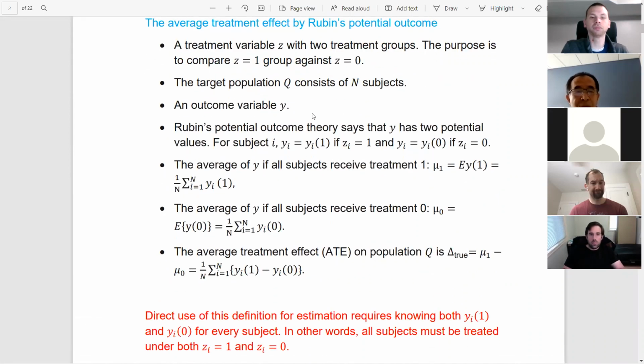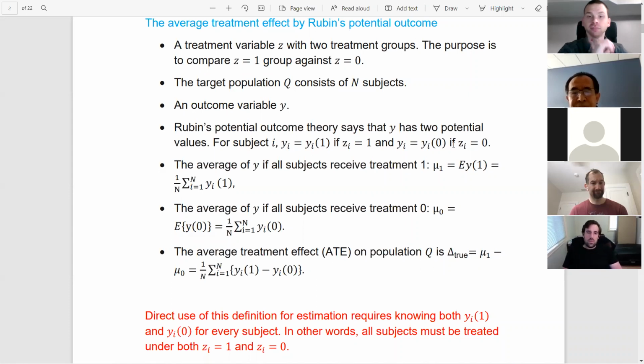We are going to assume the target population Q has N subjects, and the outcome variable is called Y. Rubin's potential outcome theory says the outcome has two potential values. For subject i, if the subject receives treatment 1, then you have the value Yi1.